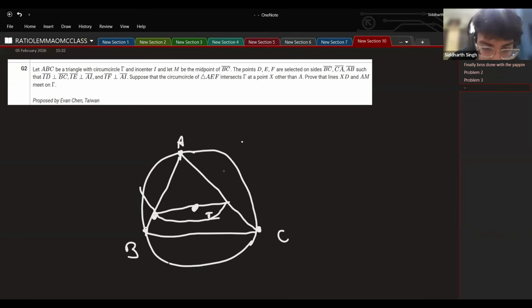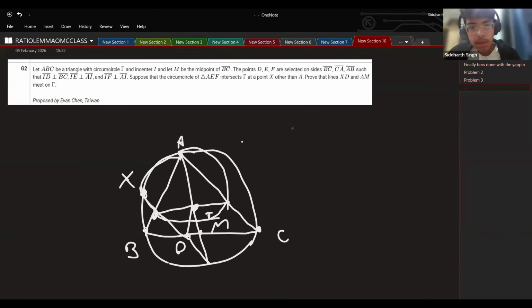This is the midpoint. But what other point did we have? Yeah, the intouch point D. This is the point X. This is the point D. This is the point M.